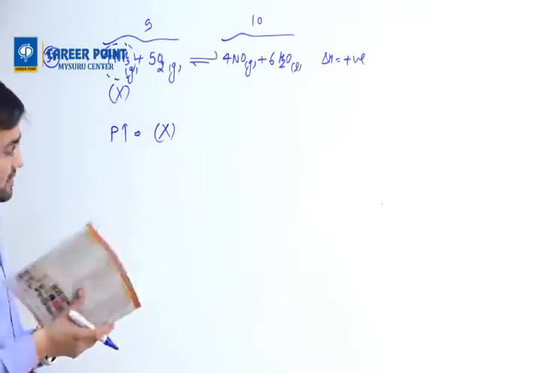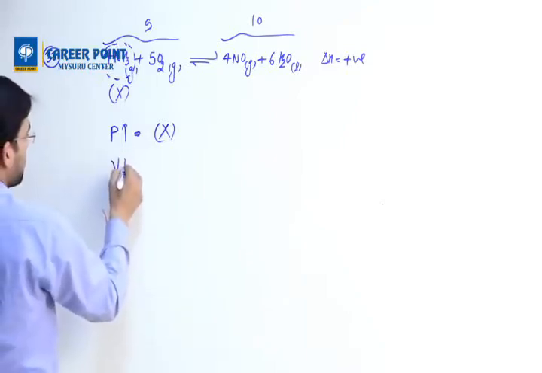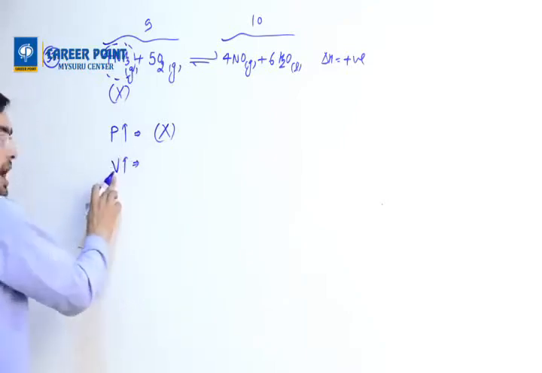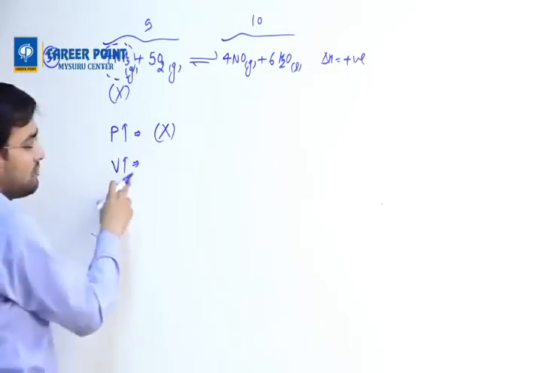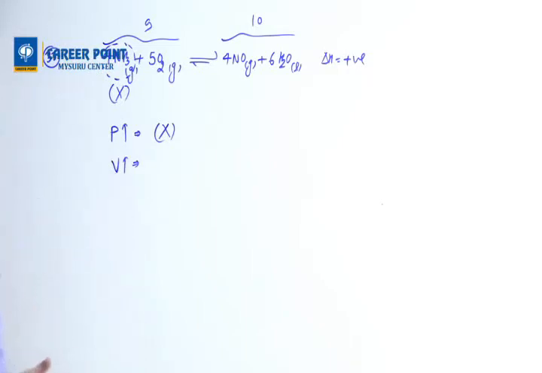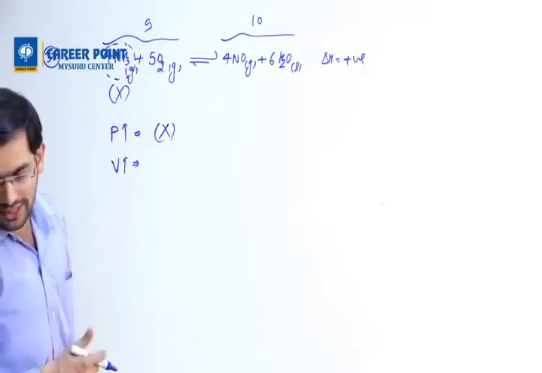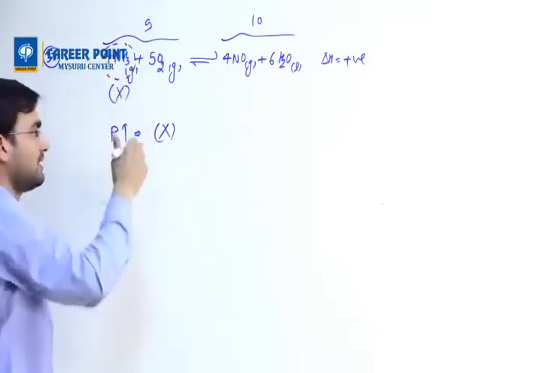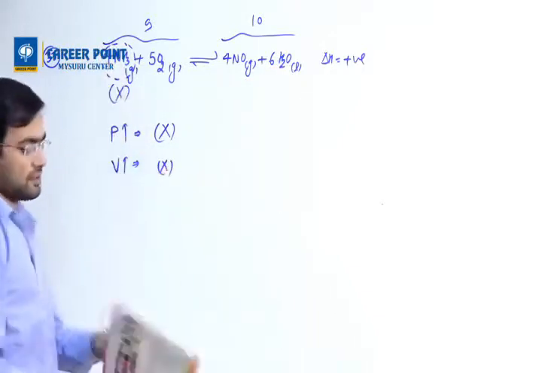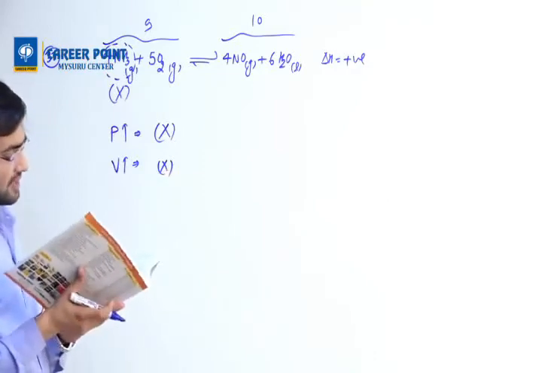Then we have increasing volume. I have taught you that decreasing volume makes the reaction go in the direction where fewer moles are there. So increasing volume will make it go in the direction where more moles are there. It means it will go forward, so ammonia concentration will decrease. That's also not the correct option. The fourth option is decreasing temperature.